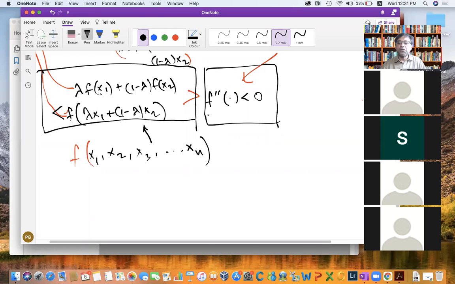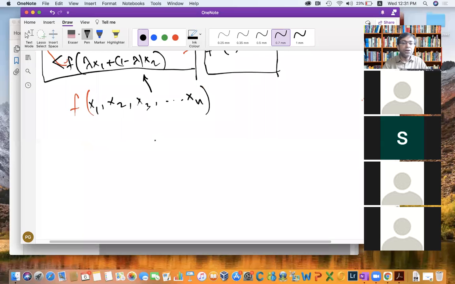So what is that condition? What is the analog of f double prime being negative for single variable functions in the multivariate case? I'm not going to prove things, but in a recipe book approach, let me just give you what the analogous condition is. You construct the Hessian matrix.